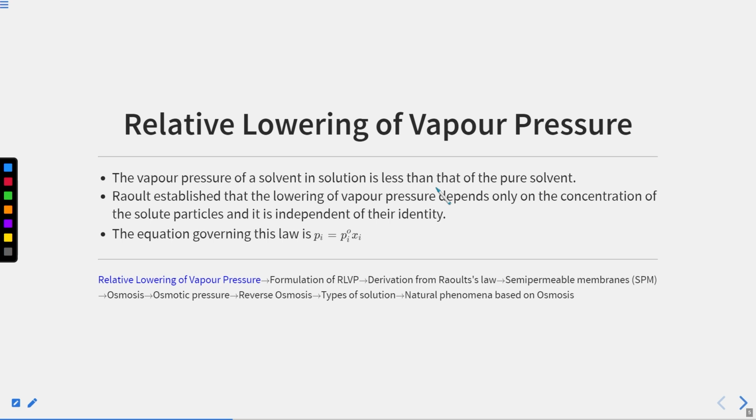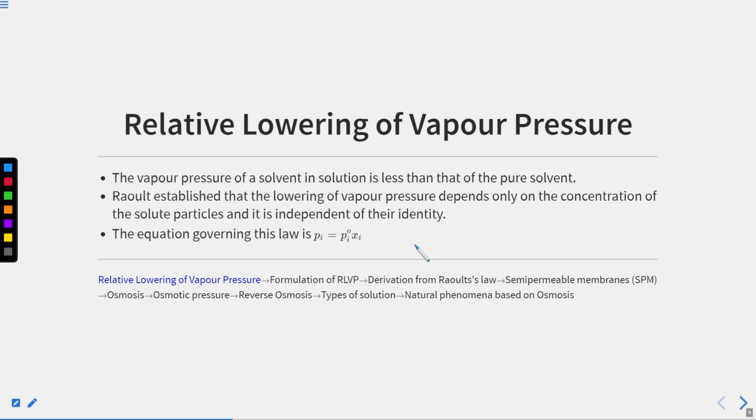Then the partial pressure will be the result of both components. But if the solute is non-volatile and the solvent is volatile, then the solute particles will have a negligible contribution toward the vapor pressure, while most of the contribution will come from the solvent particles. So this is Raoult's law.